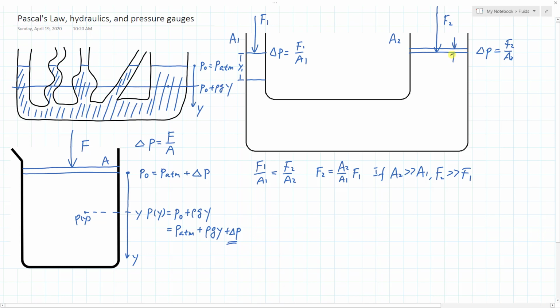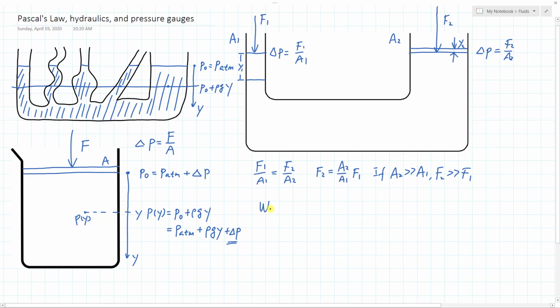So this small quantity is Y2. And let's assume that this liquid is incompressible. So we're going to assume that the change of volume here, the volume pushed down, is the same as the volume rising up. So let's calculate how much work is done by the force on the left side.